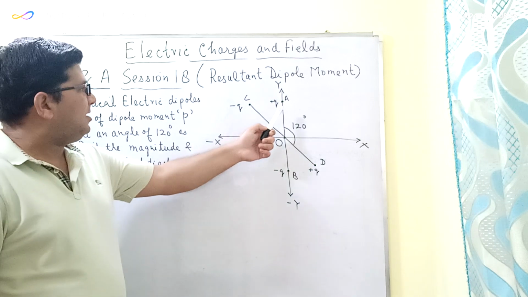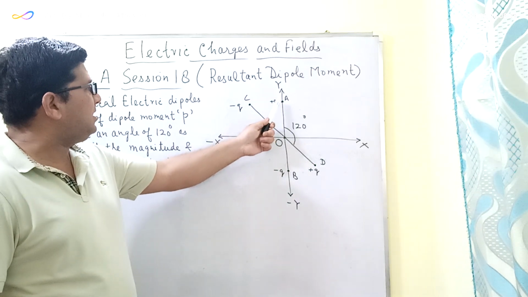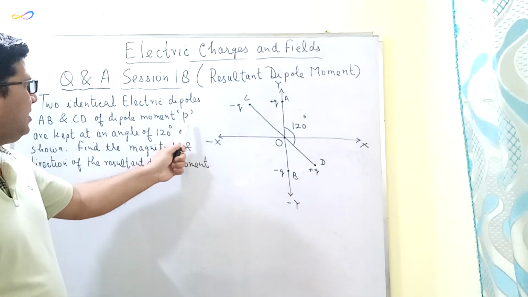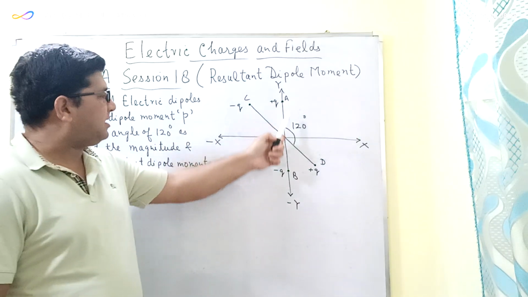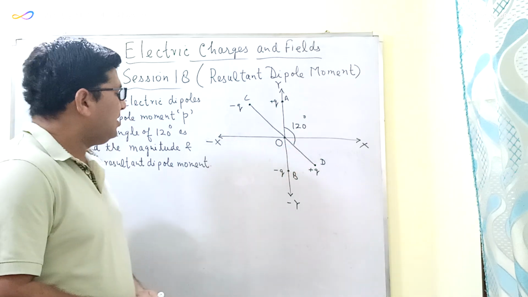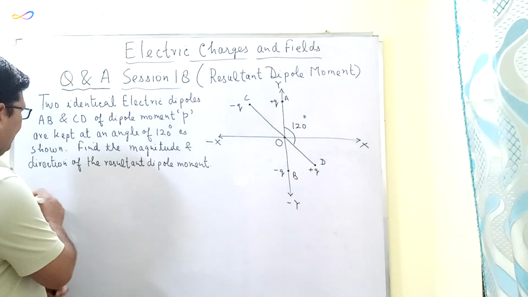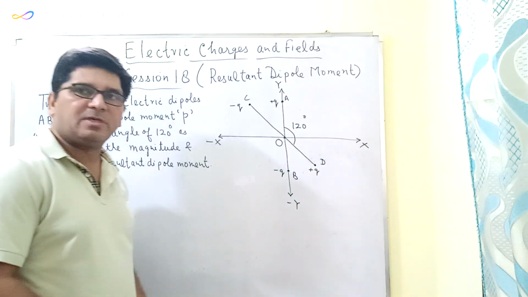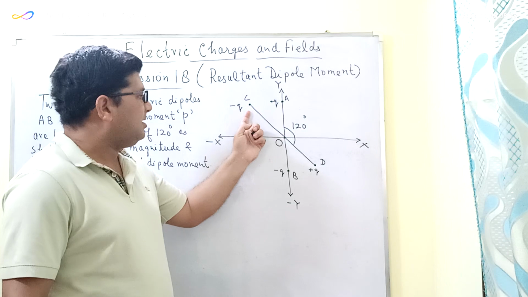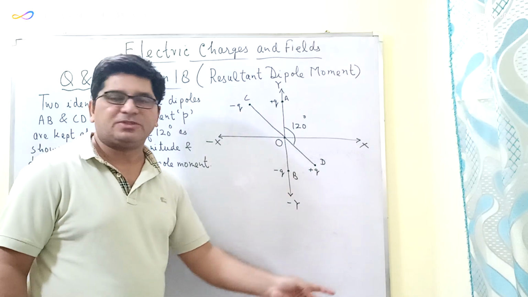So here the dipole moment of the dipoles, that is AB and CD, is P, and now they are kept at an angle of 120 degrees as shown in this figure. So now the first important point which we have to remember is that the direction of the dipole moment is always from the negative charge towards the positive charge.